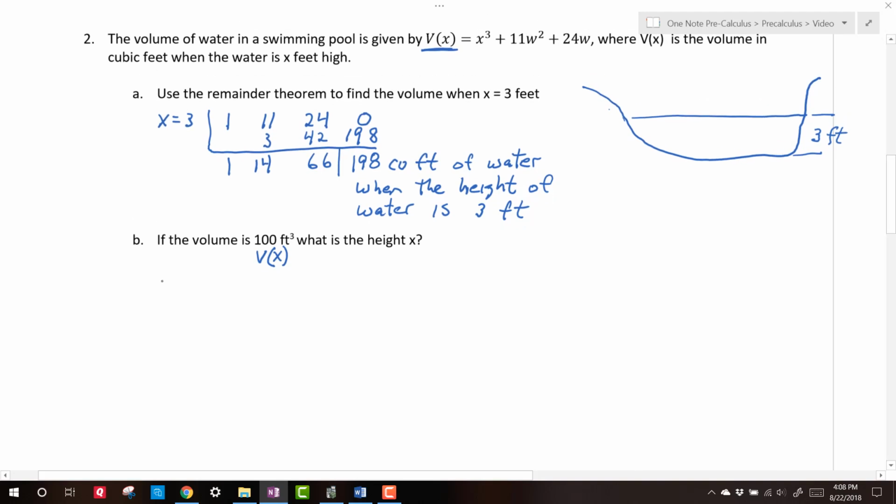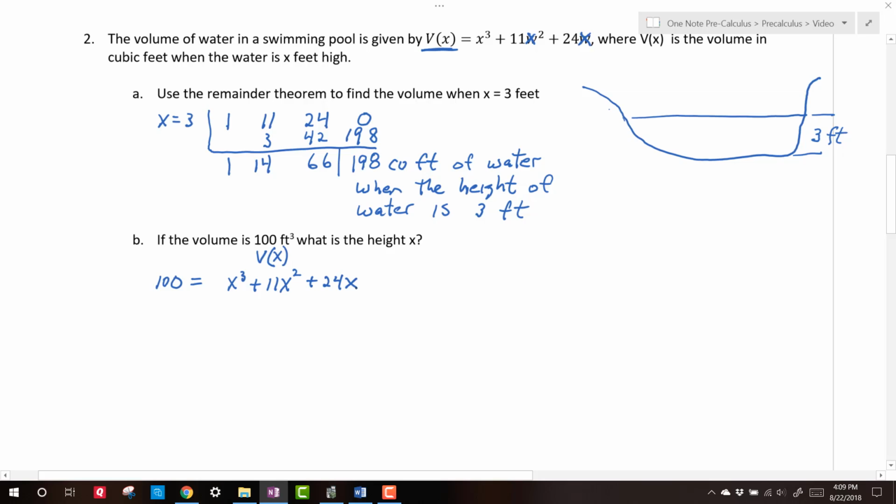If I plug in 100 over here, I'm going to end up with x cubed plus 11. Wow, this is interesting. I just noticed that my variables changed up here from x's to w's. So we're going to have to fix that, aren't we? All right, so 11x squared and plus 24x.